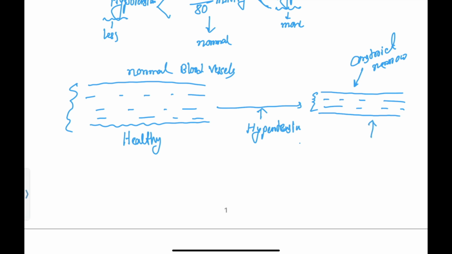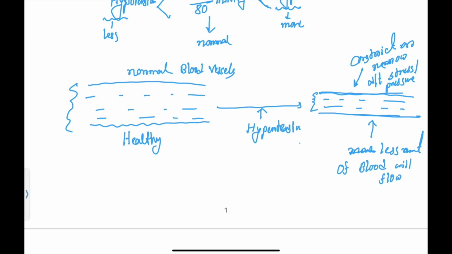But if a person has hypertension, then these blood vessels will constrict or narrow due to stress or a more amount of pressure, and that creates constriction or narrowing of the blood vessels. As a result, less amount of blood will flow.